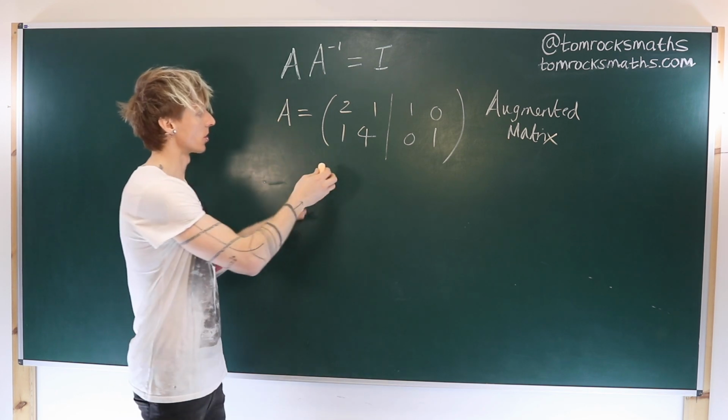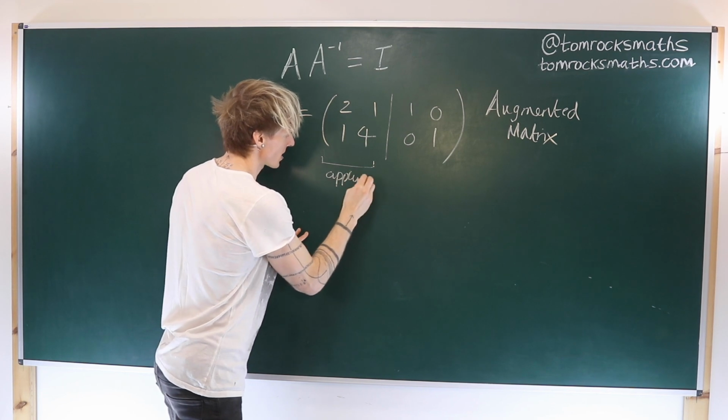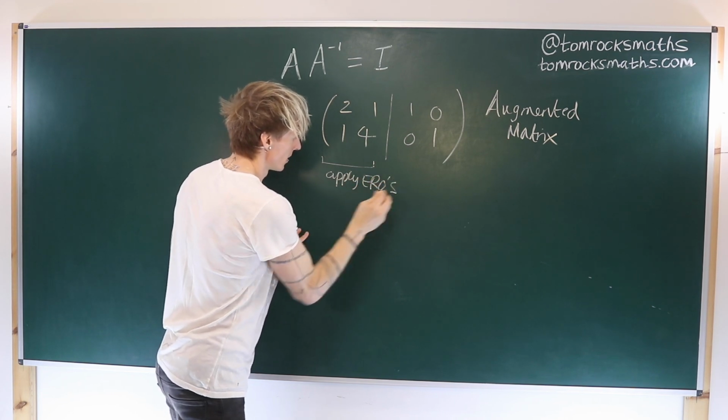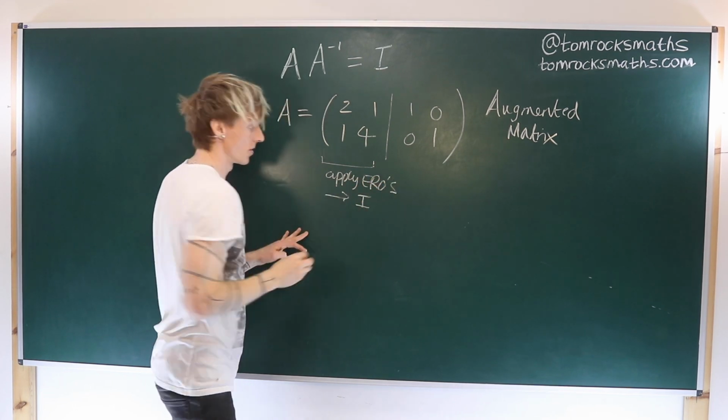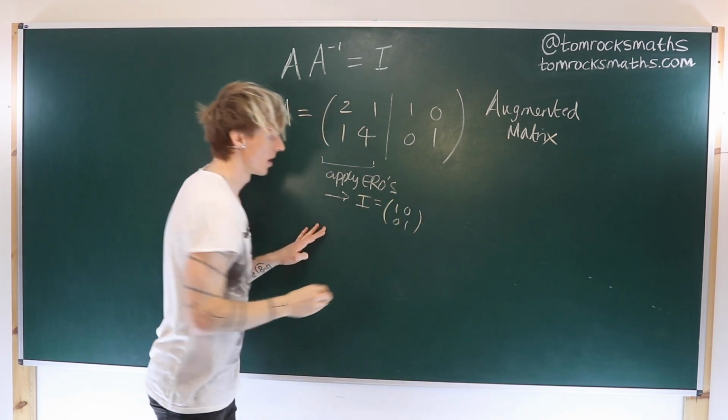Because what we're going to do is apply EROs to turn our matrix A into the identity. So we want this to become the 2 by 2 identity, which of course is 1, 0, 0, 1.